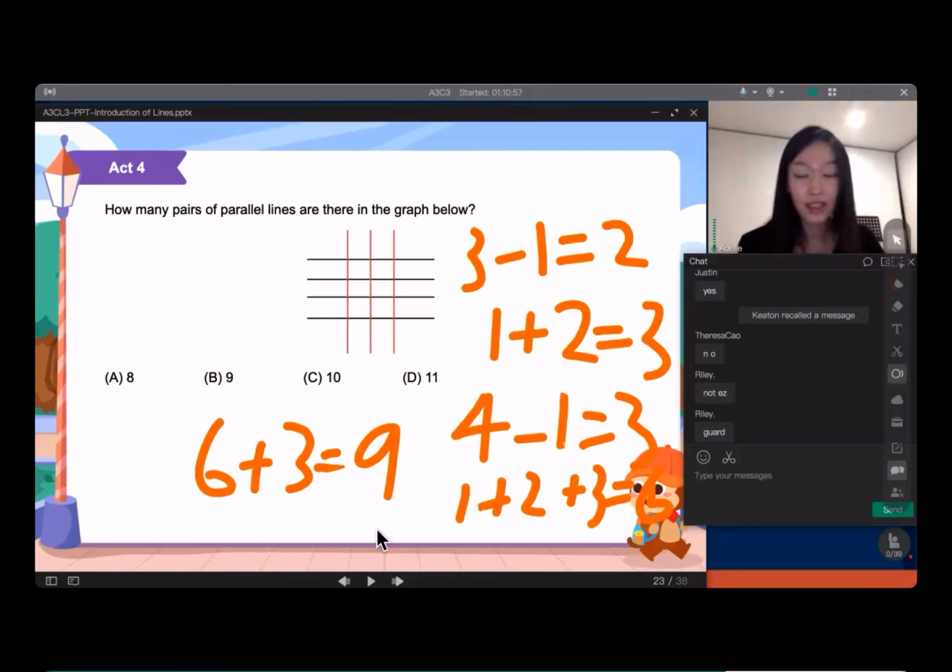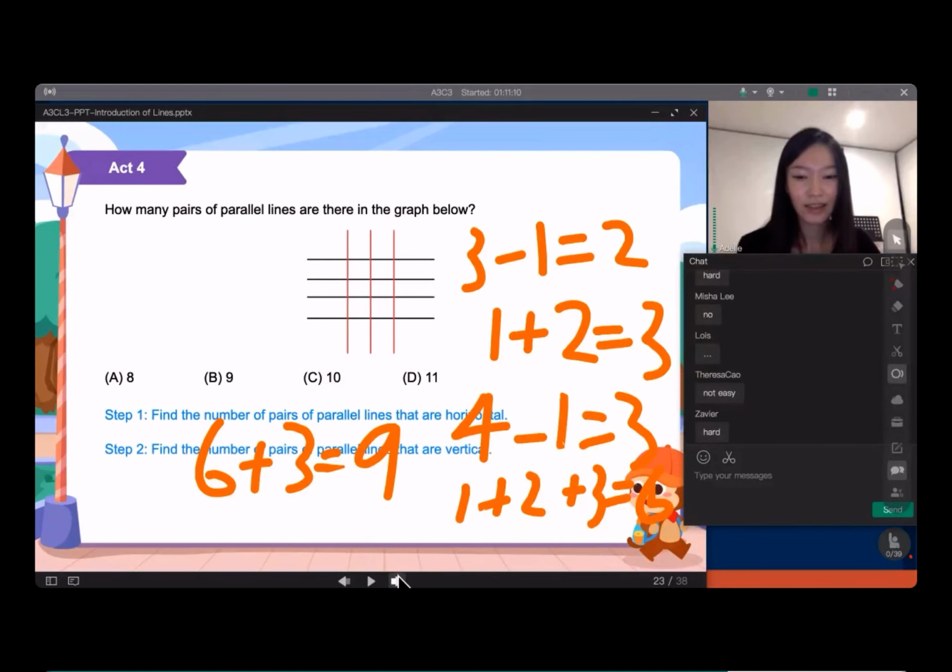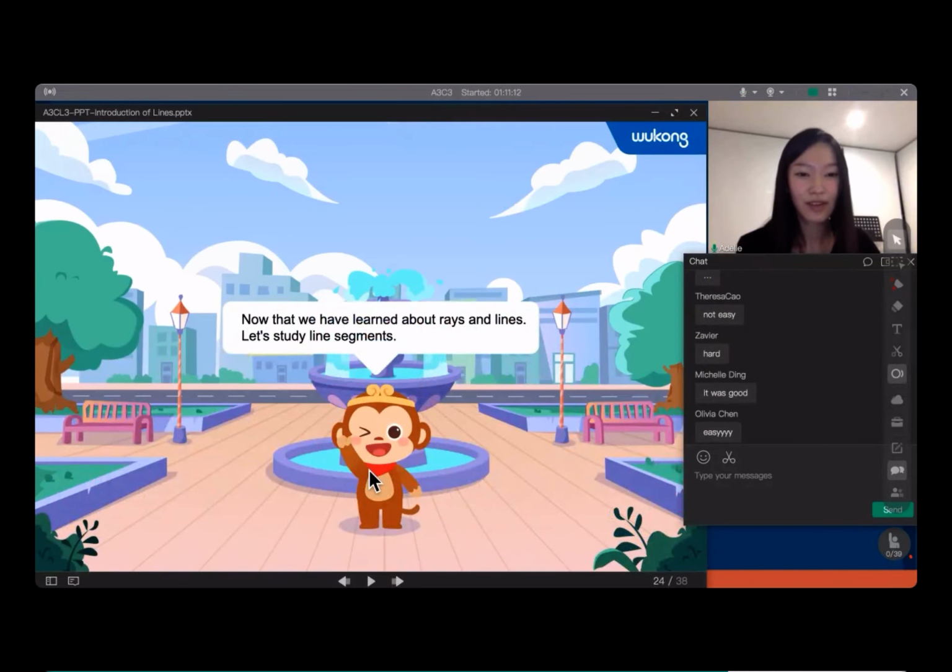Is there any questions? Hard, okay. It is a little bit more challenging than the ones that we've done before, but I think you guys are getting it. Yeah, getting better at it, isn't it?